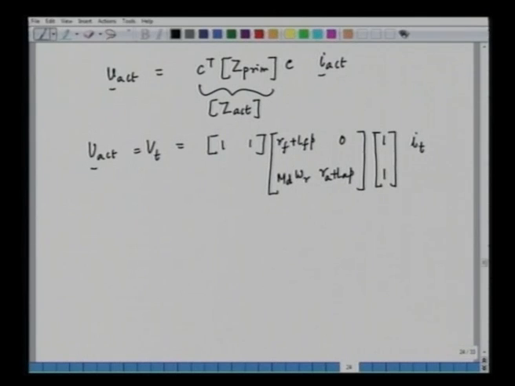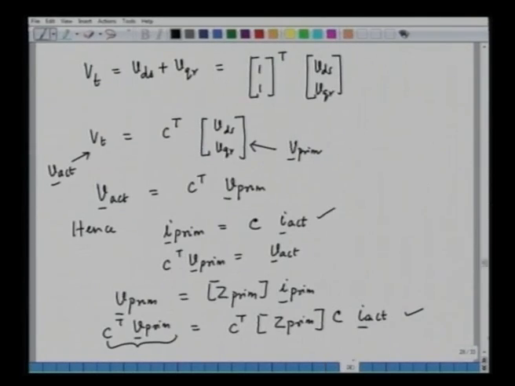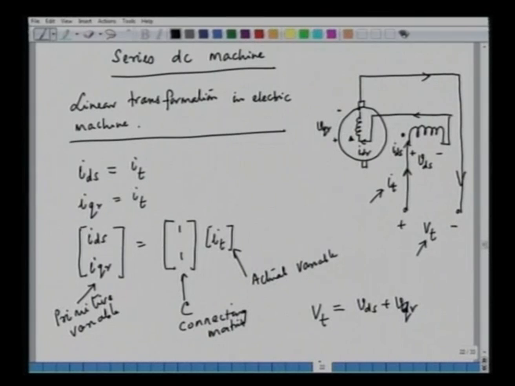Now in this case, if you go back to the previous slide, you will see here that in the stator we can say that RDS is equal to RF. This is the field winding. LDS is equal to LF.